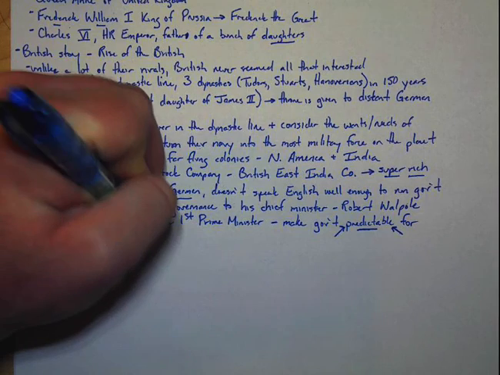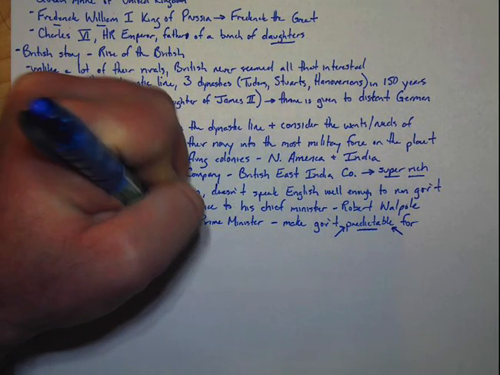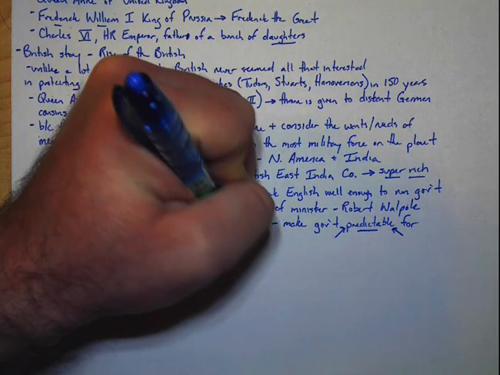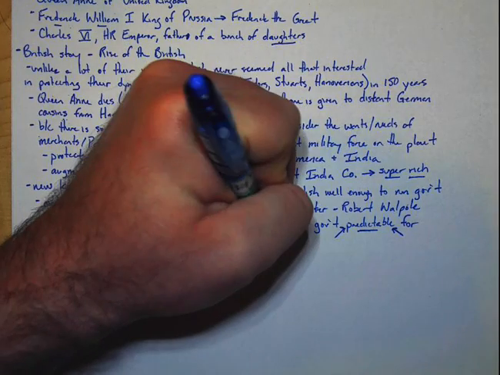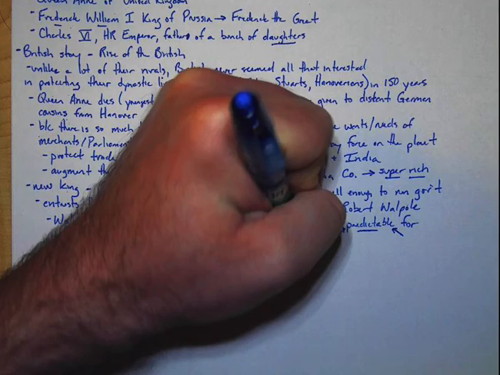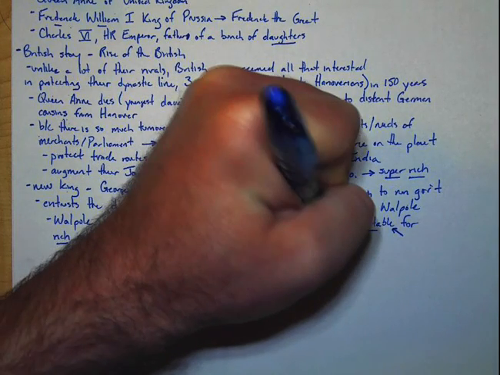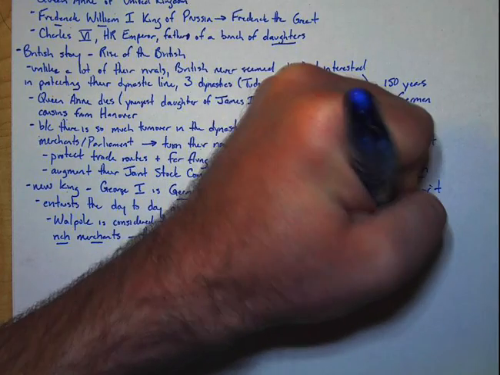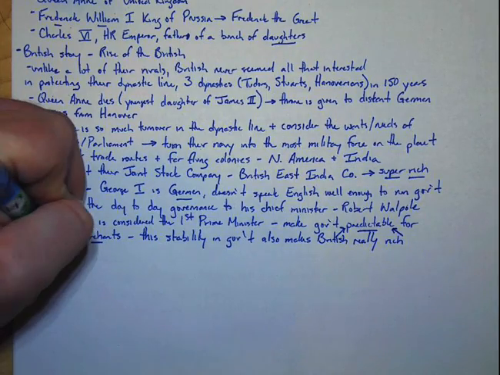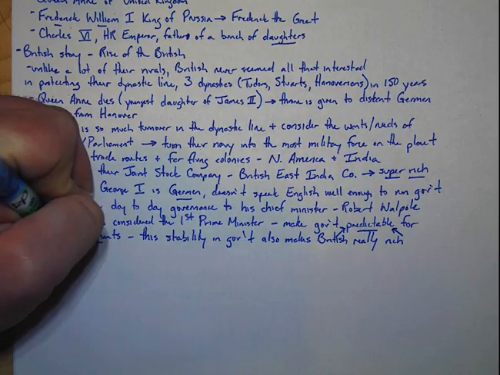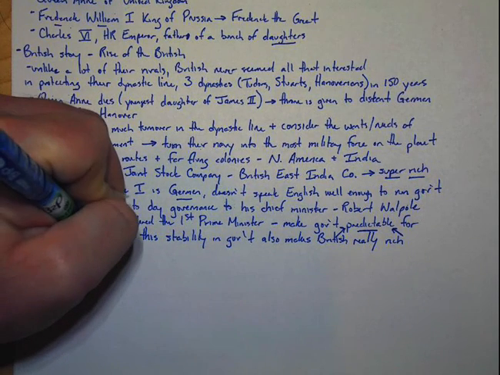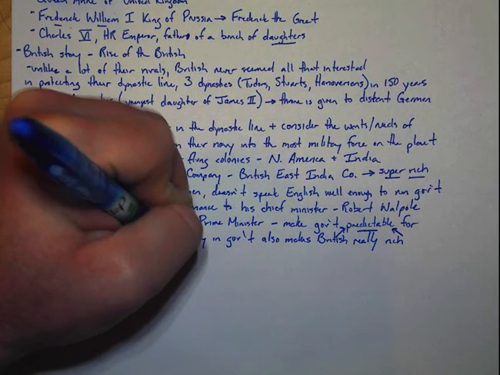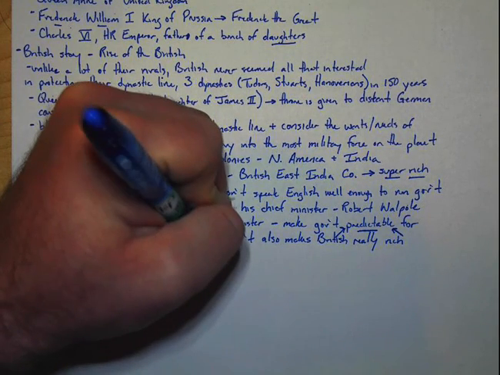And this stability in government also makes the British really rich, because investors want safe, stable places to put their money.